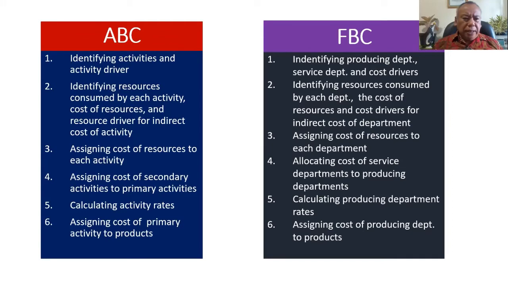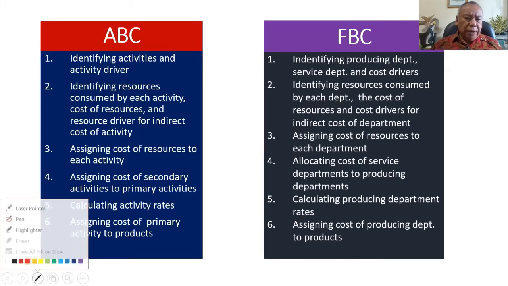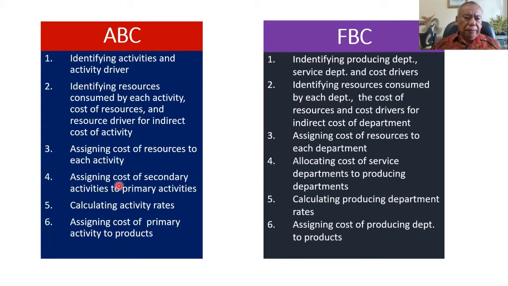The first step is identifying activities and activity driver. And then the second step, identifying resources consumed by each activity, the cost of the resources, and the resource driver for indirect costs of activity.